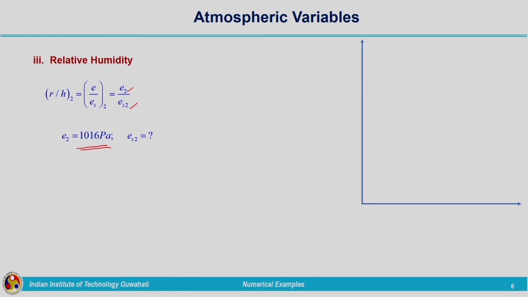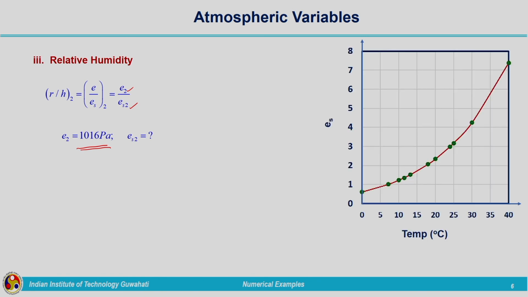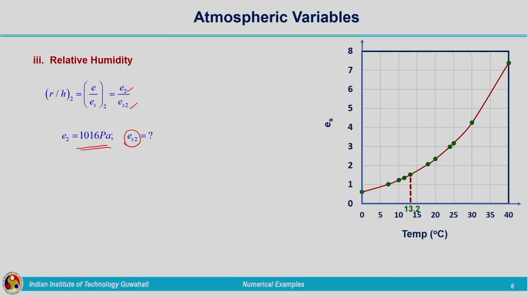Same curve we will be using, the Es versus temperature curve. In this we need to calculate the saturation vapor pressure corresponding to a temperature of 13.2 degrees Celsius. Our temperature at the level of 1200 meters is 13.2. Corresponding to that 13.2, what will be the saturation vapor pressure that we need to calculate?